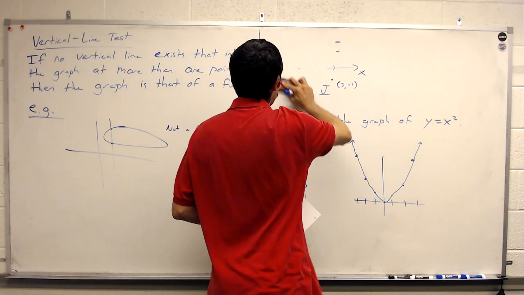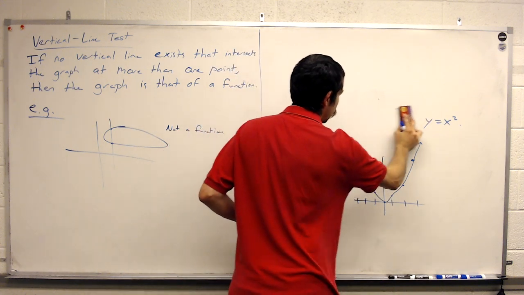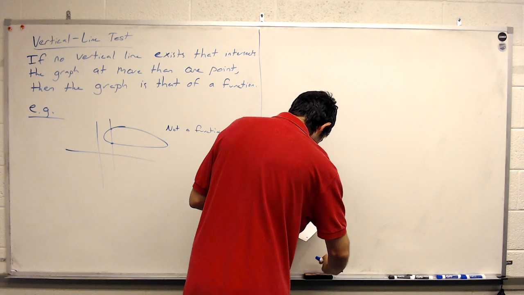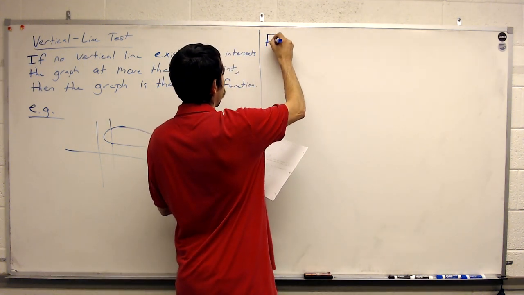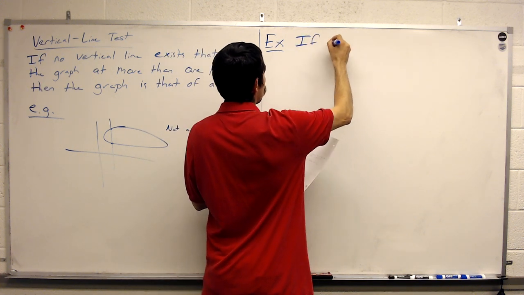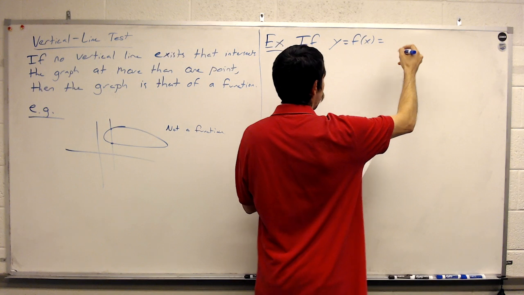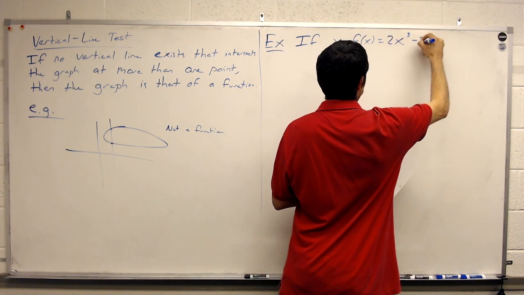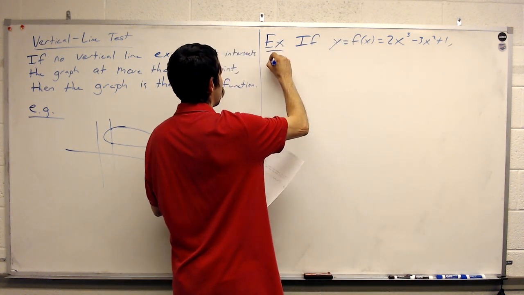All right, so let's take a look at evaluating functions at some specific values and how we do that. So if y is a function of x, and that function is given by 2x^3 - 3x^2 + 1, I want us to do the following.